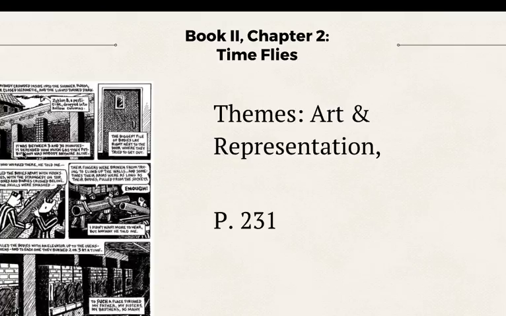So Vladek says, "For this I was an eyewitness." So we're going back to that whole idea of Holocaust memory and testimonial. Vladek emphasises here in this historical part of the text the truth of what he saw.